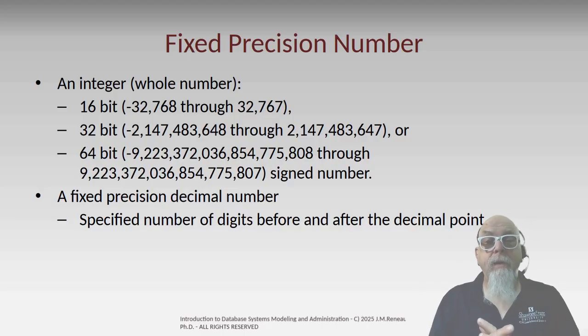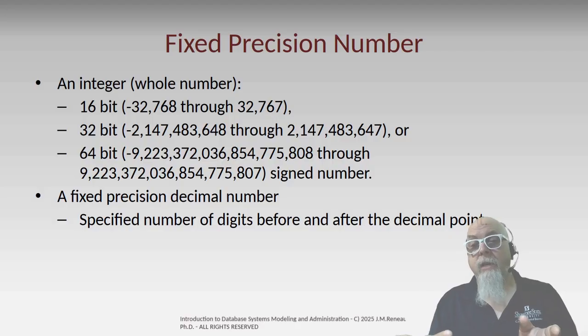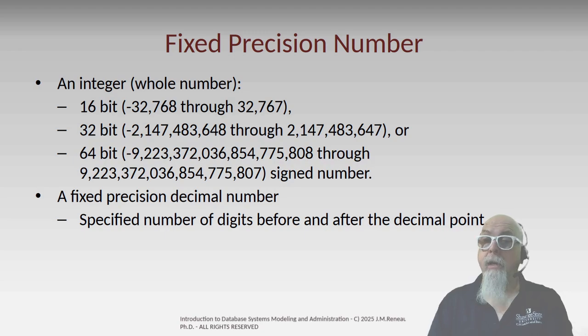And then when we're defining a fixed precision decimal number, we would say it has 8 digits of precision on the whole number side and 3 digits on the decimal side, and the number will be stored in such a way that it will always have that pattern or that size, and its precision is fixed in the definition of the attribute.